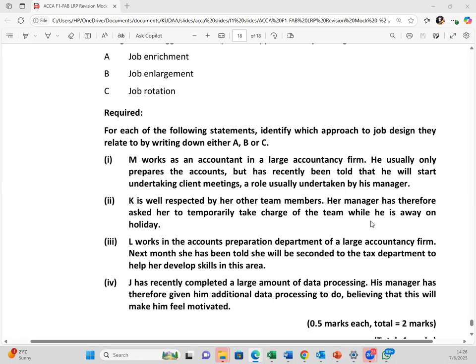Then number 3 should be, if they are changing you from the department, unless they are adding taxation to the department, then you can say it's enlargement. But if you are now being taken to the tax department, that's rotation. So rotation, you have to move from one department to the other. Enlargement, we are increasing the tasks that you have to perform. If it's enrichment, we are increasing the complexity.